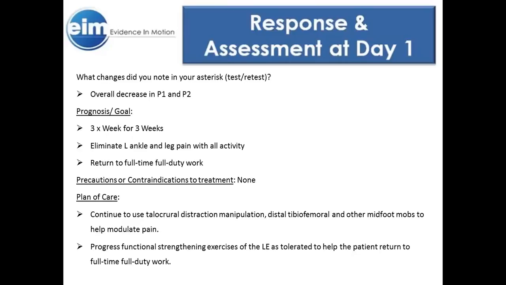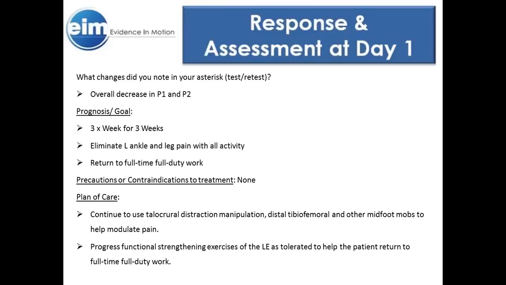The patient's response to treatment on day 1 was very good overall. P1 and P2 were both decreased. The prognosis and goals: I can see him 3 times a week for about 3 weeks. I hope to decrease or eliminate left ankle and leg pain with all activity and to return him to full-time full work duty. There are no precautions and no contraindications to treatment.